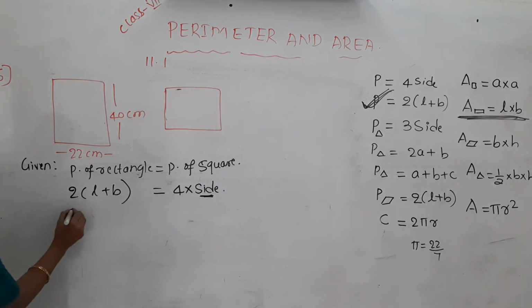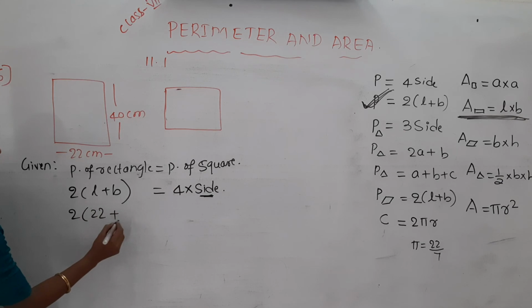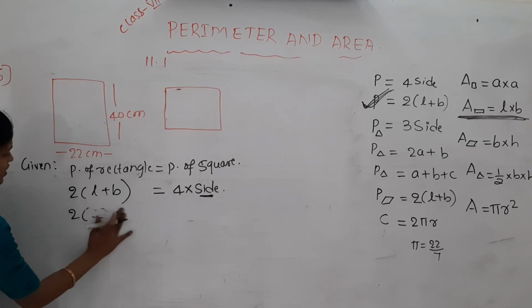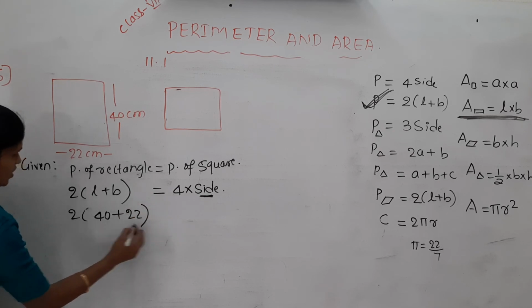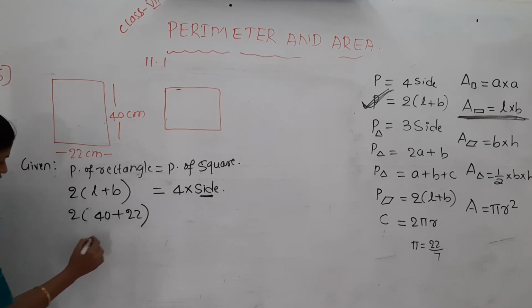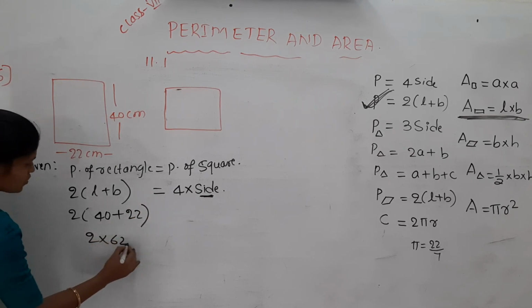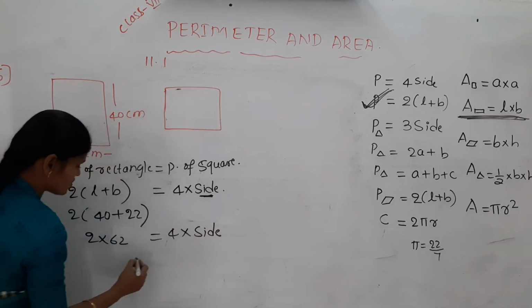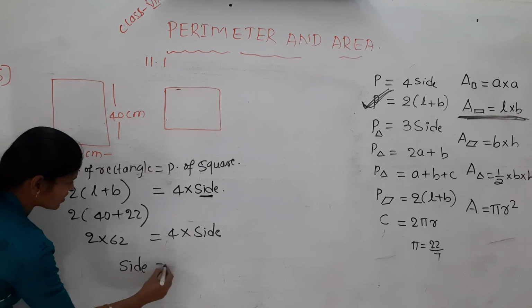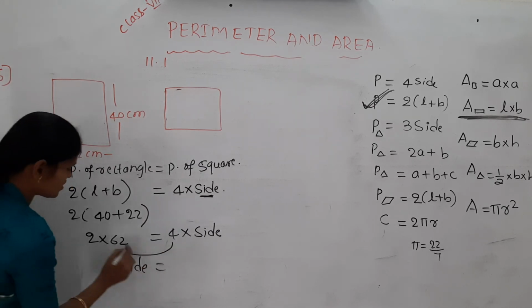Length of the rectangle is 40 centimeter plus breadth is 22 centimeter. 40 plus 22, 62. 2 into 62 equal to 4 into side. We need the side of the square, so 4 comes to this side and divides.